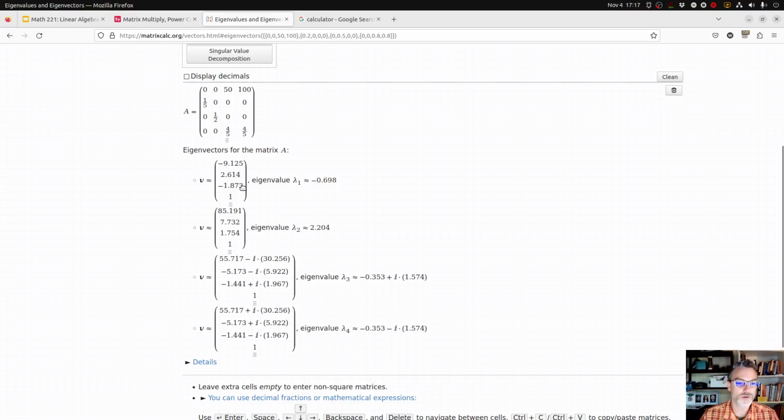And as it grows, what happens is it kind of maintains this composition in the forest. So as time goes on, for every 1 adult, there's going to be roughly 85 seeds, 7 saplings, and close to 2 juvenile trees. So that's going to be roughly the composition of the forest as time goes on.